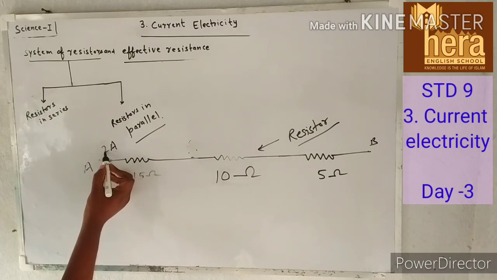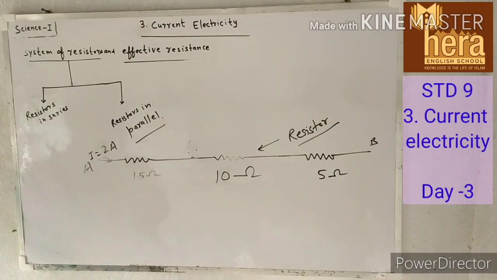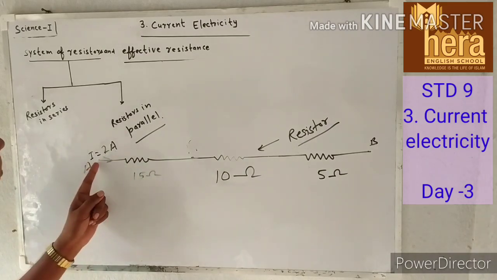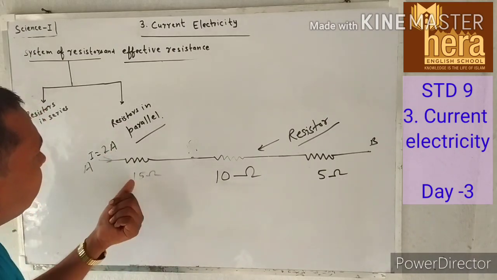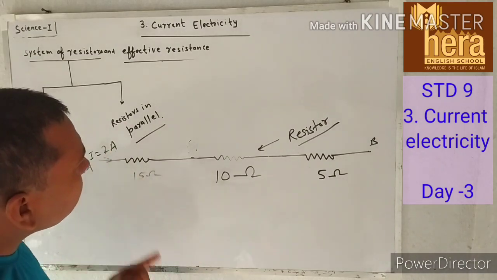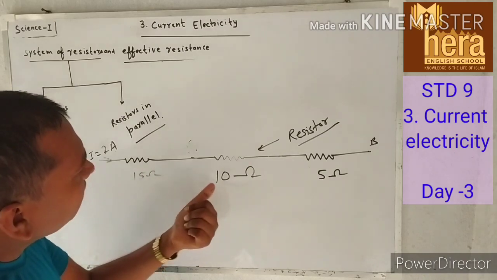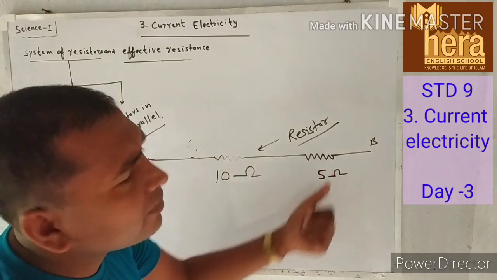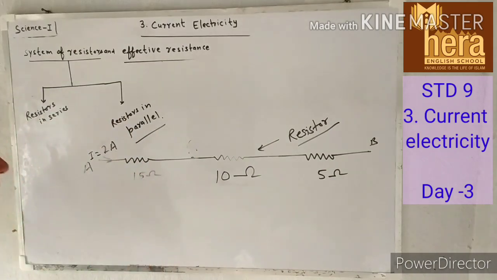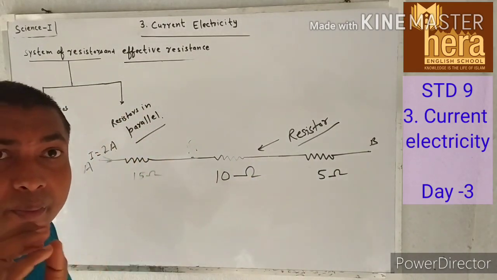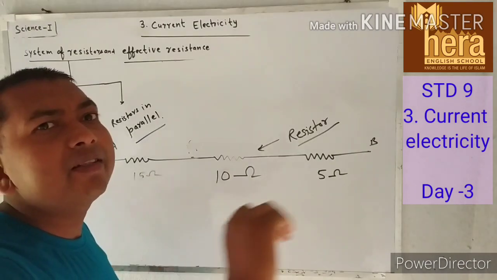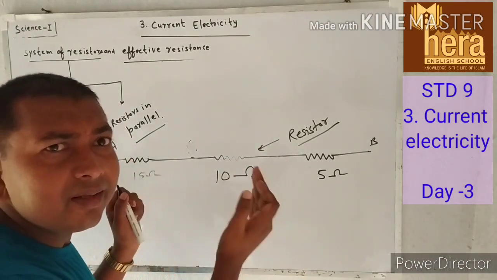Ampere is the unit of current. I is equal to 2 ampere. 2 ampere current is flowing through the 15 ohm resistor, 10 ohm resistor and 5 ohm resistor. So in case of series, current will be the same for every resistor connected in series.